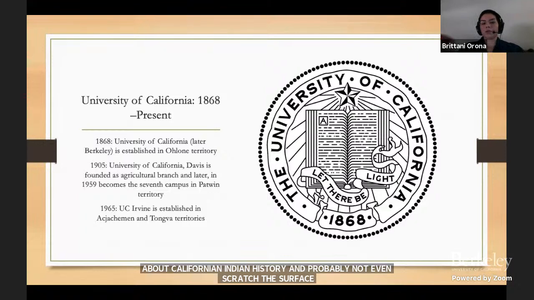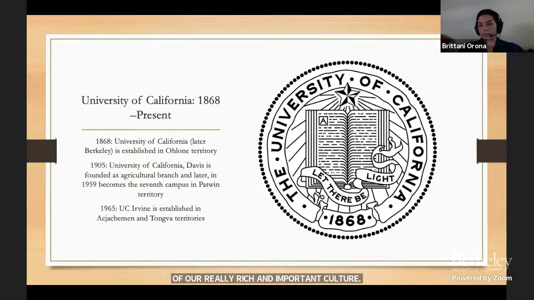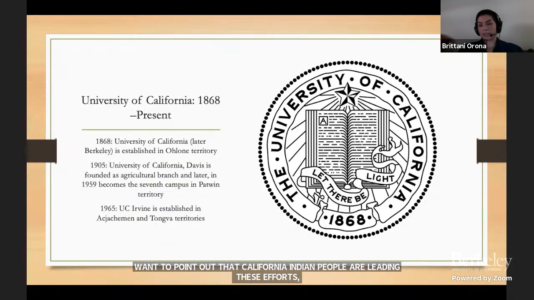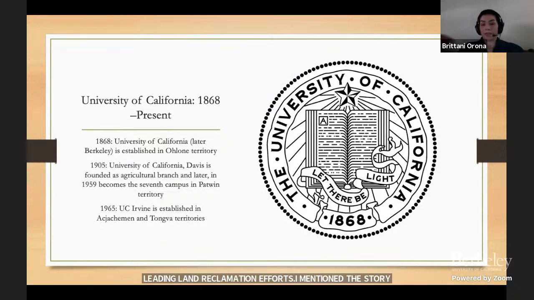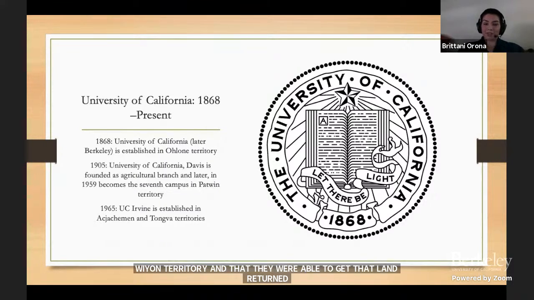But I also want to point out that California Indian people are really leading these land reclamation efforts. I mentioned the story of Indian Island up in Wiyot territory, and that they were able to get that land, Tuluwat, returned back to them because of their advocacy for decades.